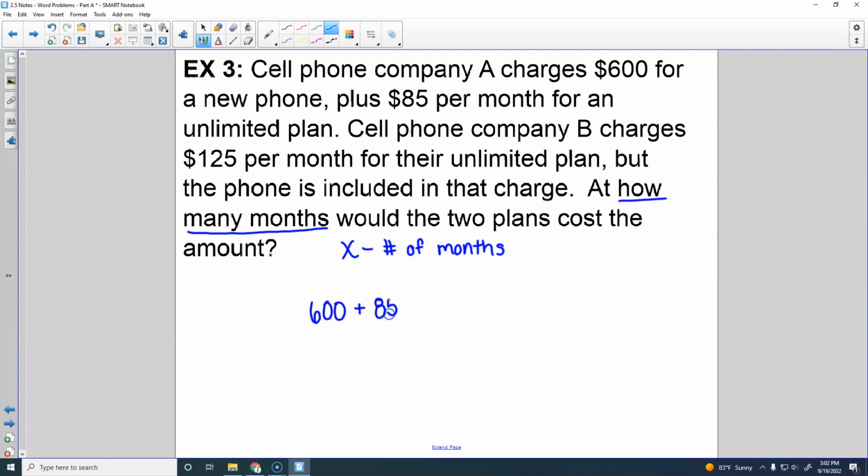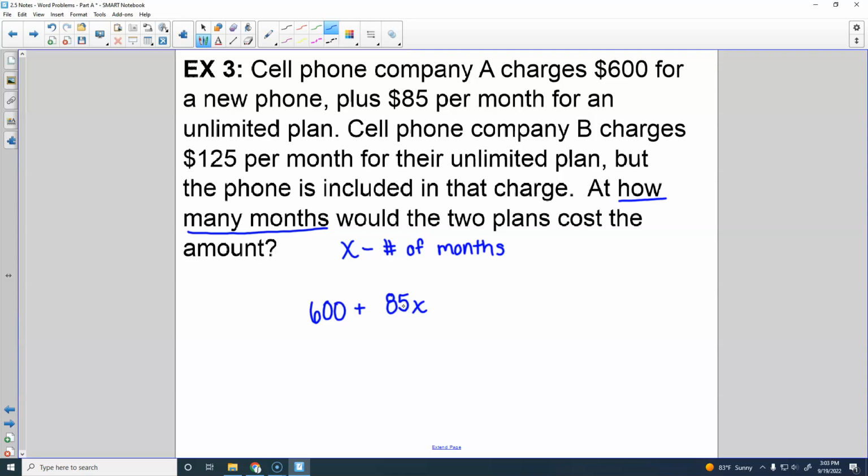$85 for each month. So if it's $85 per month, it's $85 for each month. So 85 times X. We might should have put "per" in the multiplied column also, now that I think about it, because it does mean to divide most of the time, like if you are going 100 miles per hour, it's 100 miles for every hour.